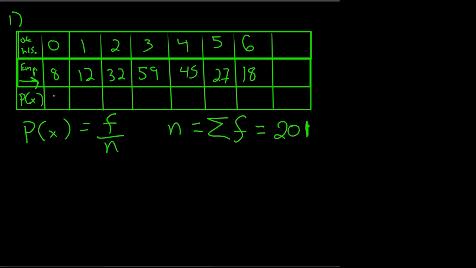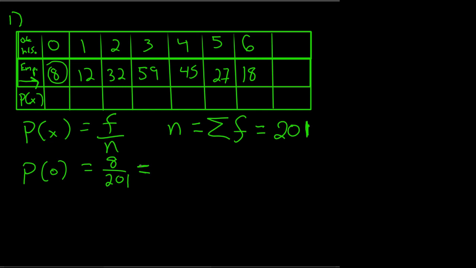So each individual probability would be, the probability of getting 0 hours is equal to its frequency divided by 201. So 8 divided by 201 gives us a probability.